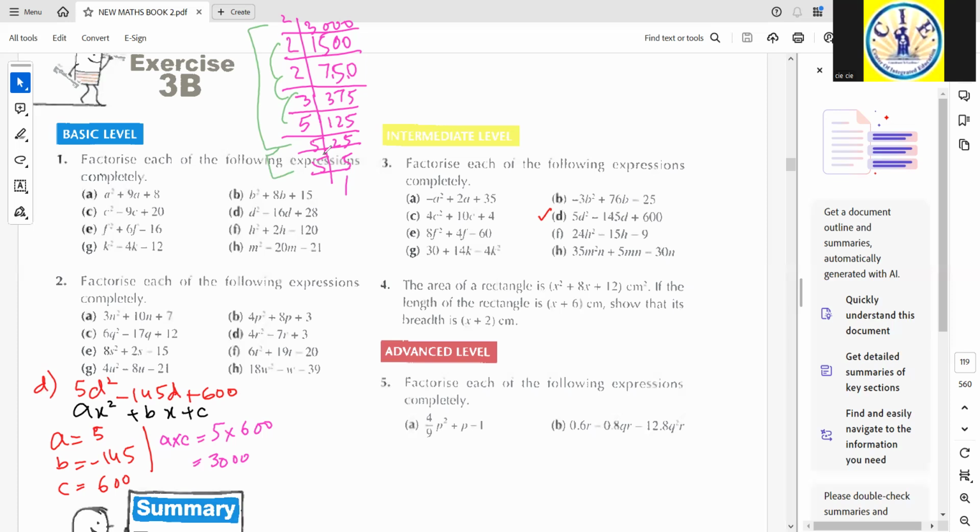This won't be 145. That means we need to figure out some more possibilities. This is what you need to do by hit and trial: figure out which possible factors you can combine in the form of two factors of the middle term.